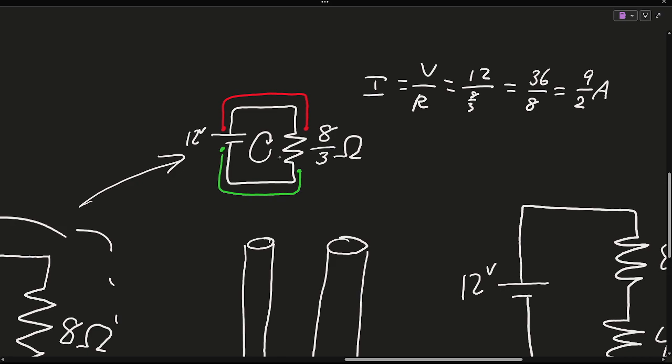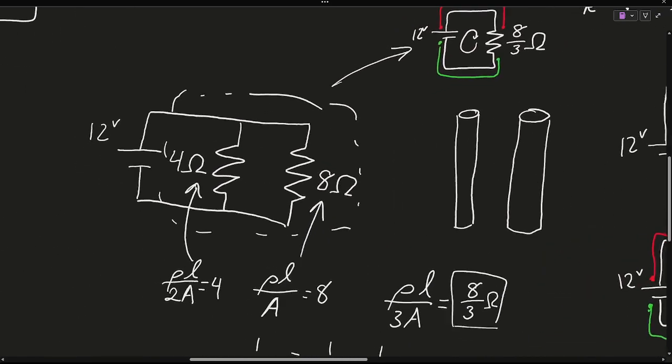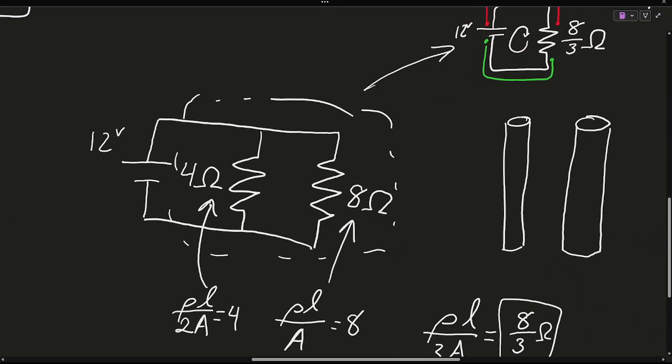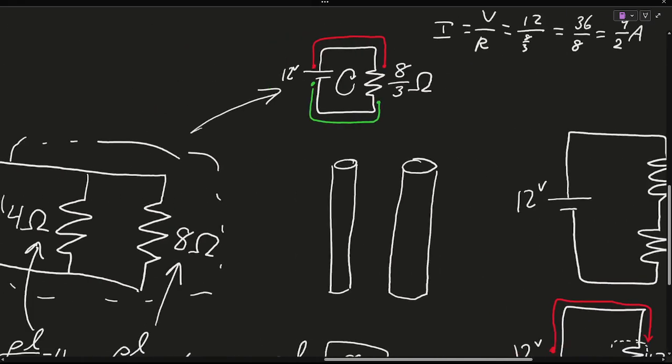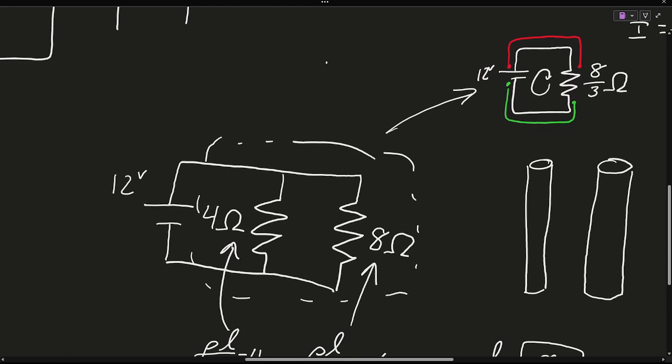But now, if we go back to our original circuit, now we know there has to be 9 over 2 amps. So what is that? 4.5 amps. There has to be 4.5 amps flowing out of this battery, and into the battery, really just through the battery. And there has to be 4.5 amps flowing all along here, because there's no splits.